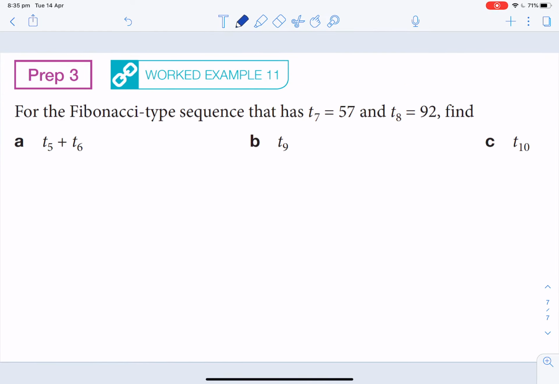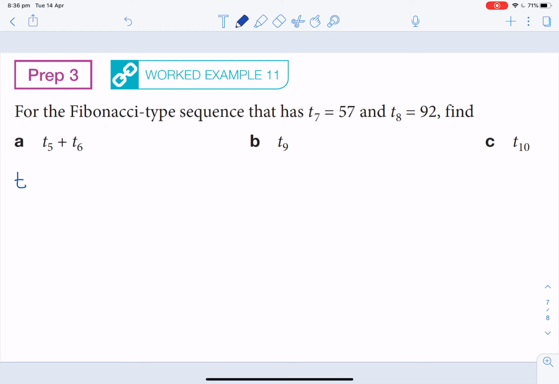For the Fibonacci, this is actually from your textbook, Prep 3, using the same concept as the previous one. For the Fibonacci type sequence that has T7 equaling 57 and T8 equaling 92, find T5 plus T6.